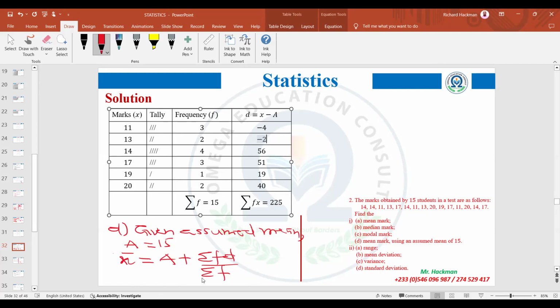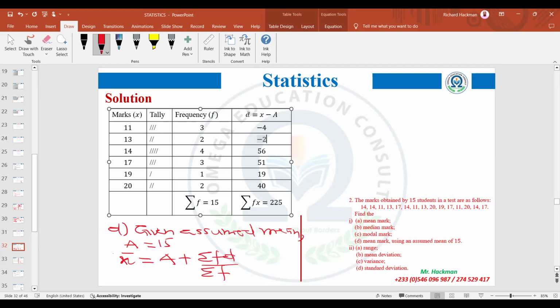We need sigma F. Once F is known, we will know sigma F as well, because we can sum this. And we also need the product of F and D for us to sum. However, we don't know D. So how do we find the product of F and D for us to even go and sum? The first point of call should be finding the values for D. And we know that D is equal to X minus A. That is the deviation of each observation from the assumed mean.